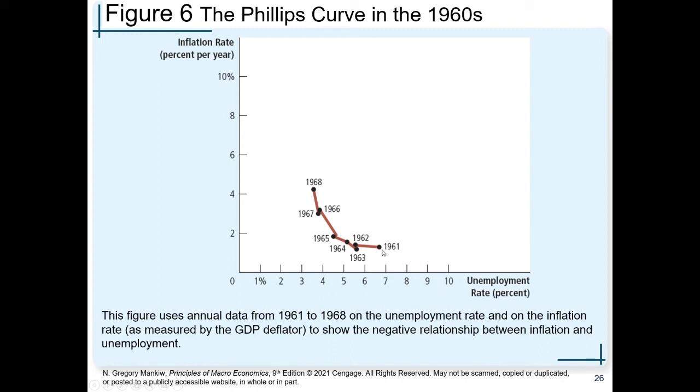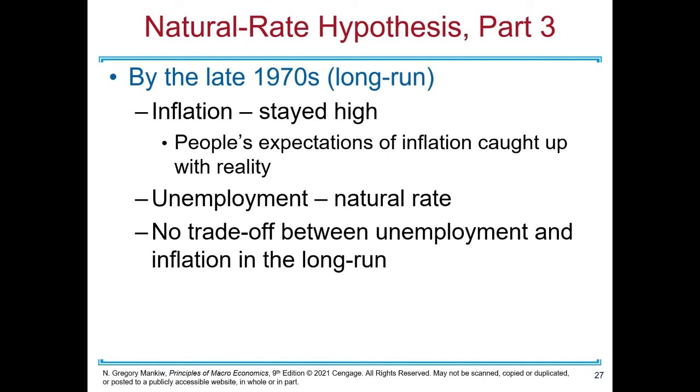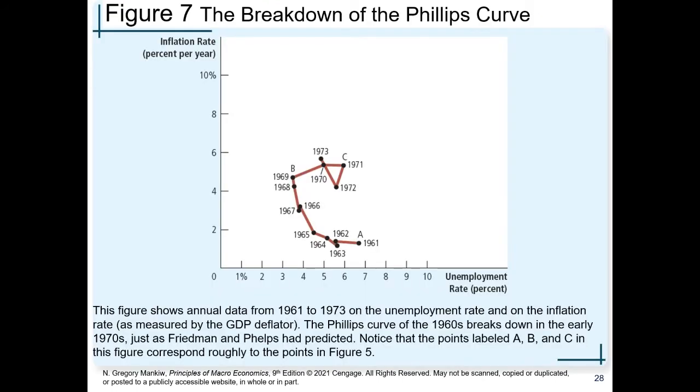We start in 1961, then we go to 1962 with an increase in AD, so unemployment decreases, inflation seems to rise maybe a little bit, then we keep getting lower unemployment, and then we keep getting higher inflation rates. So this is figure 6, which is demonstrating the Phillips curve in the 1960s. That was demonstrated in the United States, but we want to look at figure 7.